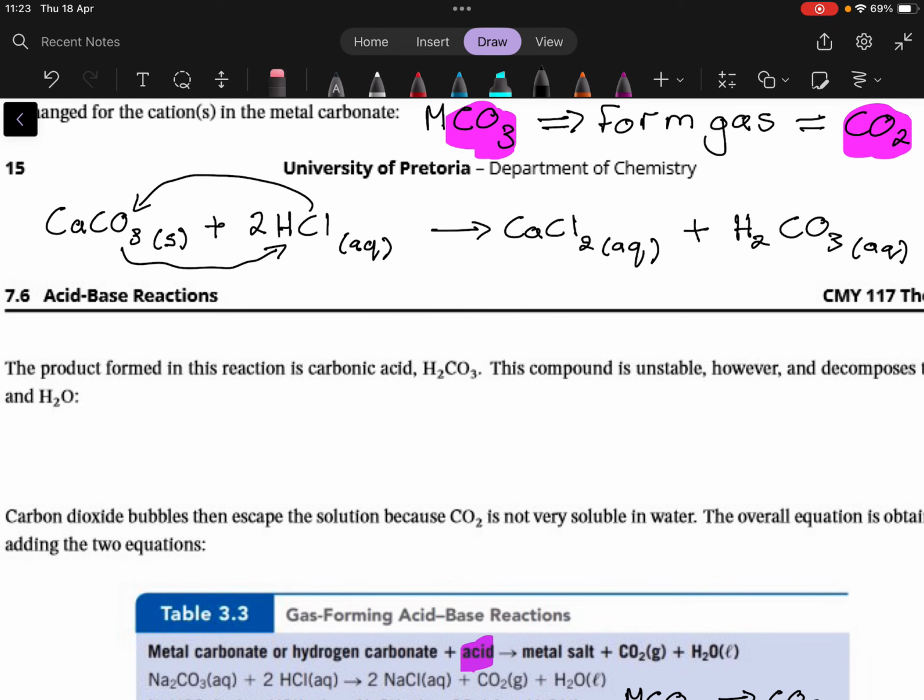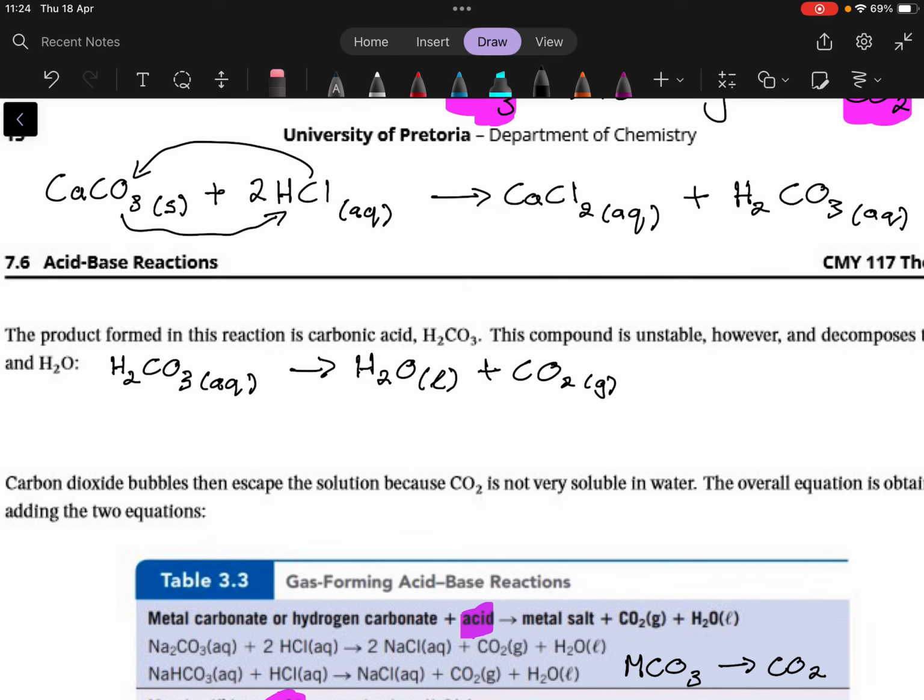But H2CO3 is extremely unstable, so it quickly decomposes into water, which of course is always a liquid, plus CO2, which is a gas.